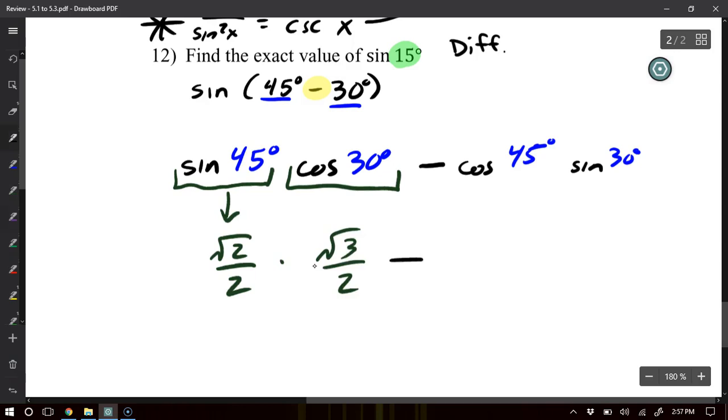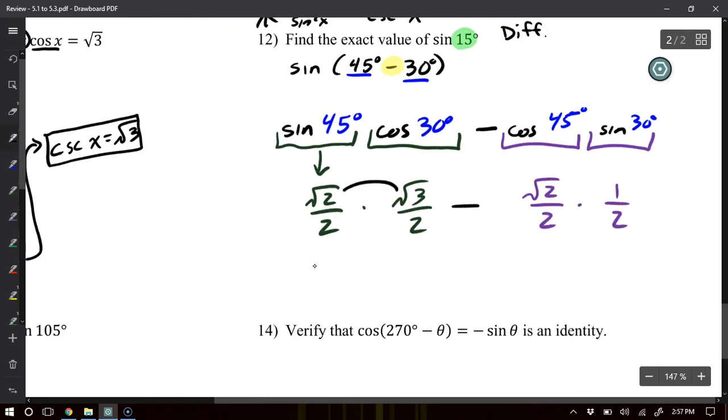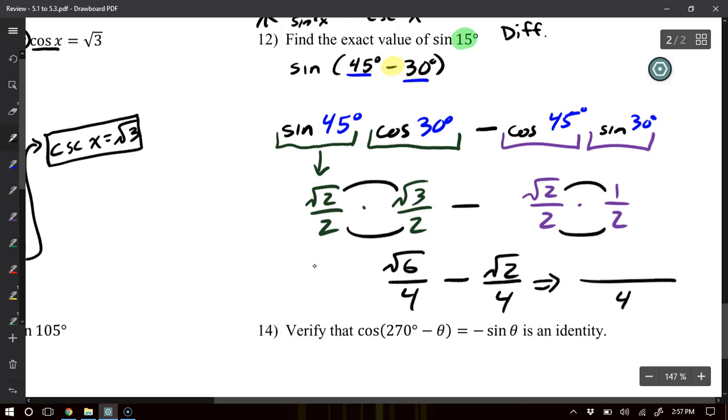Minus the cosine of 45 degrees, which is radical 2 over 2, times the sine of 30 degrees, which is 1/2. So really I have radical 2 times radical 3, which is radical 6, over 2 times 2, which is 4. Minus radical 2 times 1, which is radical 2, over 2 times 2, which is 4. Since they have the same denominator, I can write them together. And I get radical 6 minus radical 2 over 4.